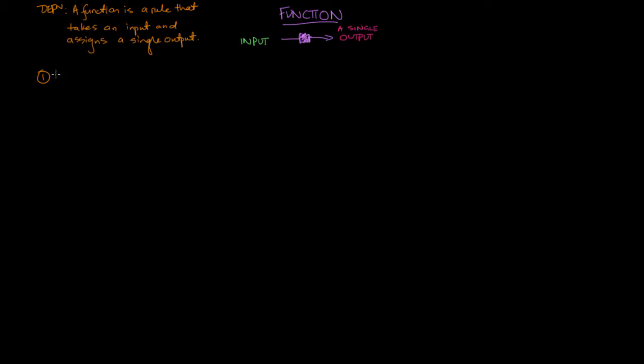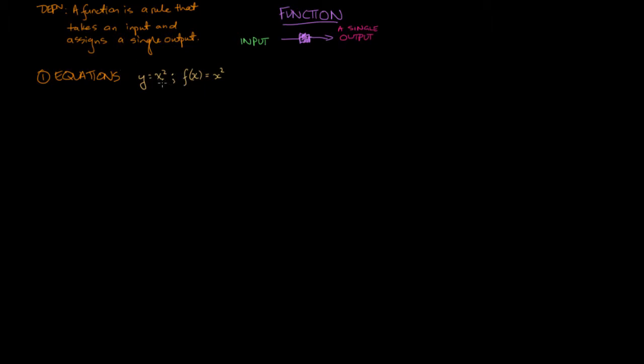So the first one is that you often see equations that describe specific functions. An equation you might see is, for instance, y equals x squared. Alternatively, another form of writing this could be f of x equals x squared.